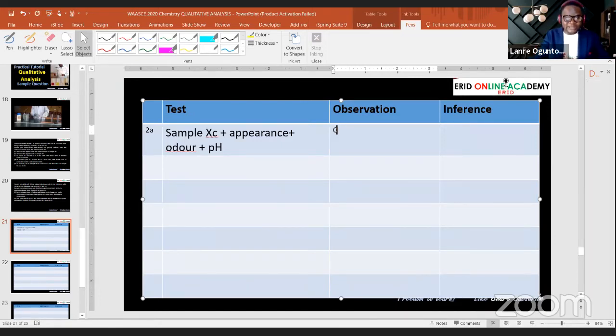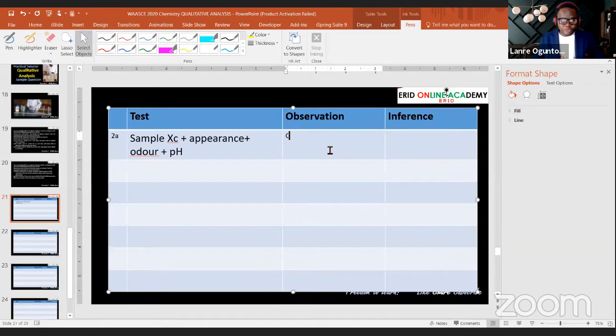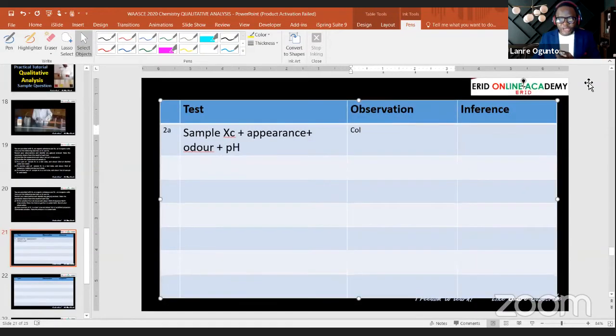So you write it down there. As I'm typing, be making your own notes. Draw your table and work along with me. Get your own notebook and be writing down your observation too. So we have colorless, clear, what?